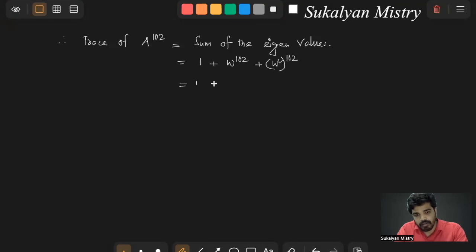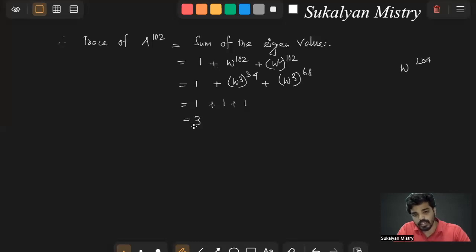So this can be written as omega cube to the power 34, that is 1. And omega to the power 204 can be written as omega cube to the power 68. Okay. So the value of omega cube is 1. So 1 to the power 34, that is 1. 1 to the power 68, that is 1.